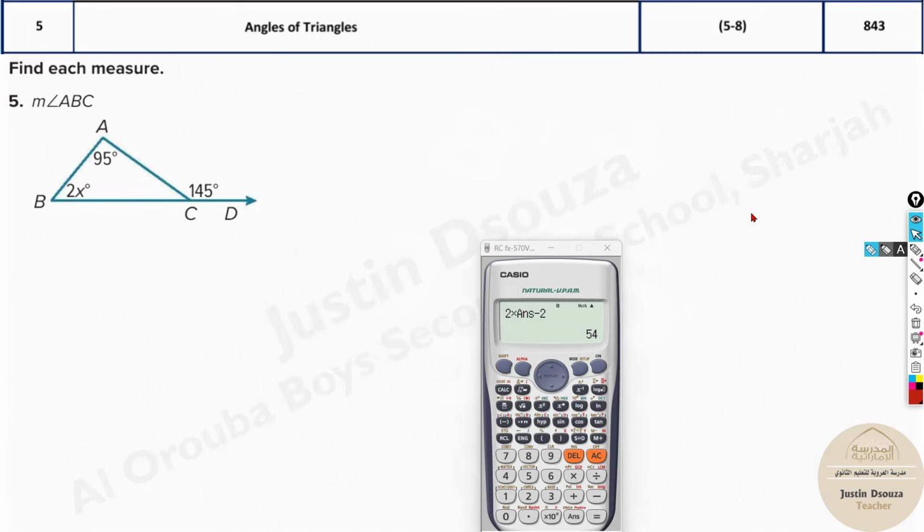Now over here, what happens? Always remember this exterior angle is there, right? This is equal to the sum of the interior angles, not this one, the other two. Why? Because, imagine this is the thing, right? When you add them all up, it will be 180 degrees, isn't it?